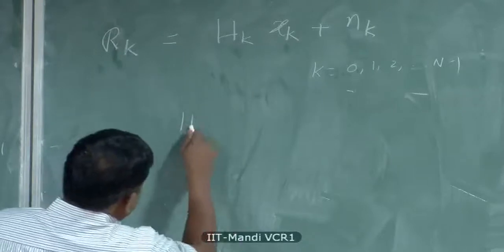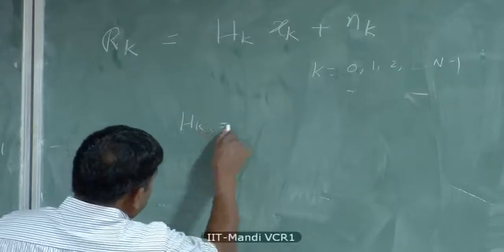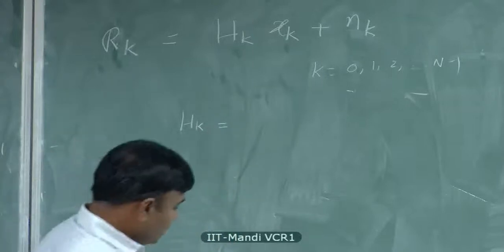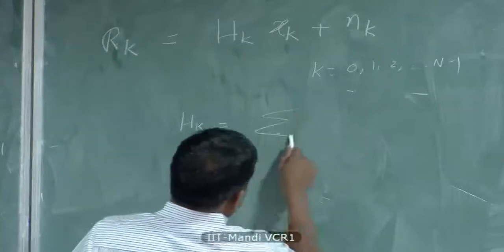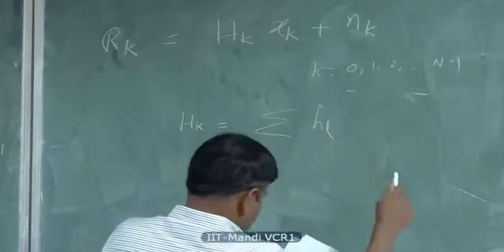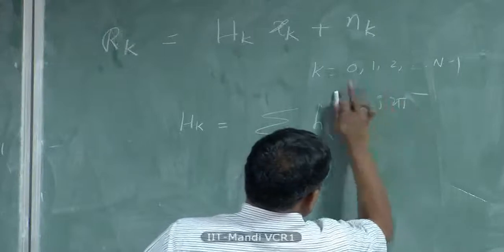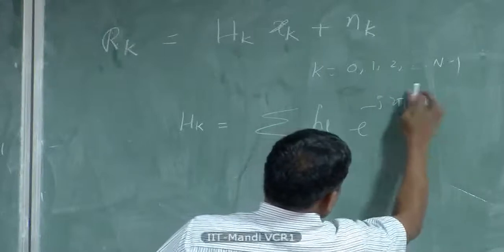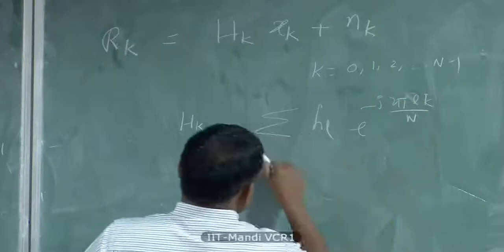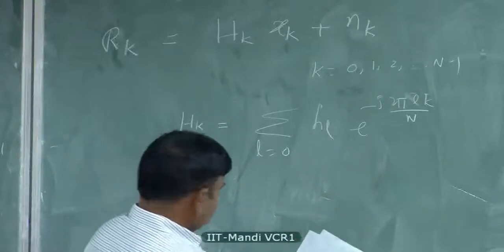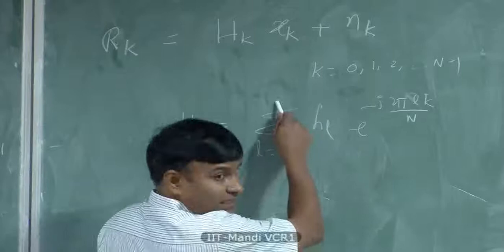H_k is the channel caused by the multipath propagation, and we showed it to be the DFT of h[l] e to the power minus j 2 pi l k by N, l ranging from 0 to some index.